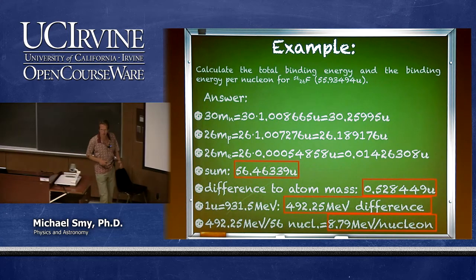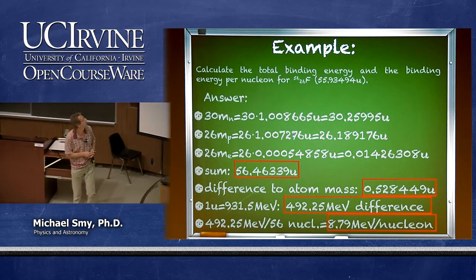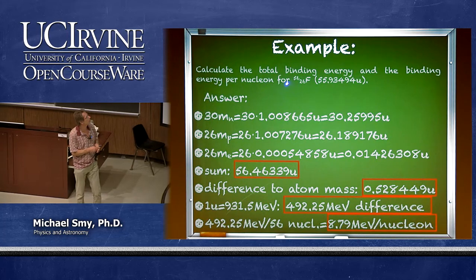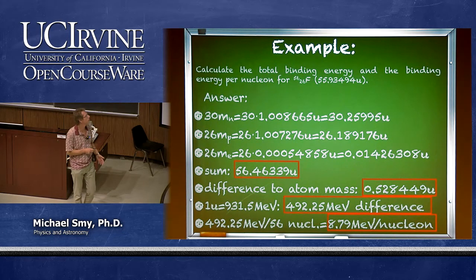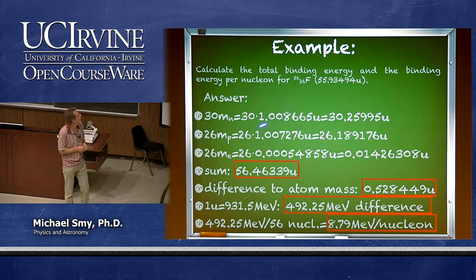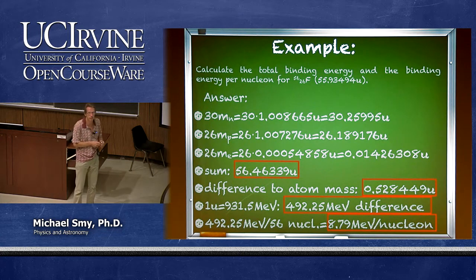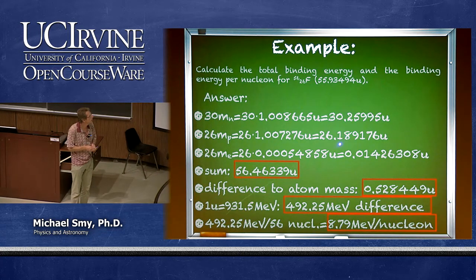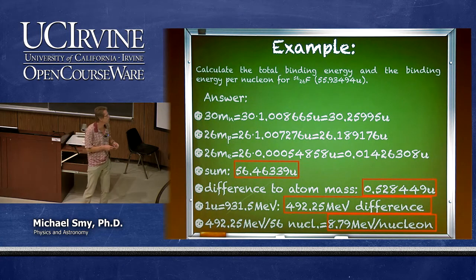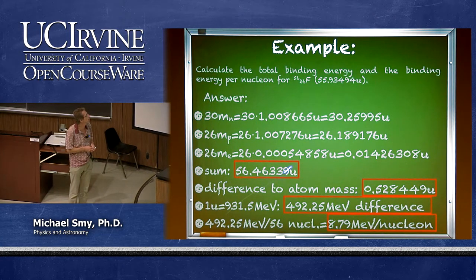Indeed, my next example is about iron. So we can go through the same exercise with iron-56. So here we have 30 neutrons, 26 protons, and 26 electrons. And the calculation goes exactly like it was for the helium-4. And if we sum it all up, then we get 56.46339 atomic units.